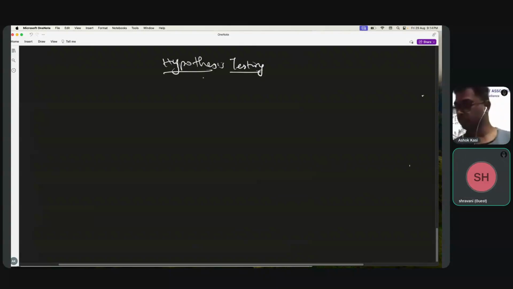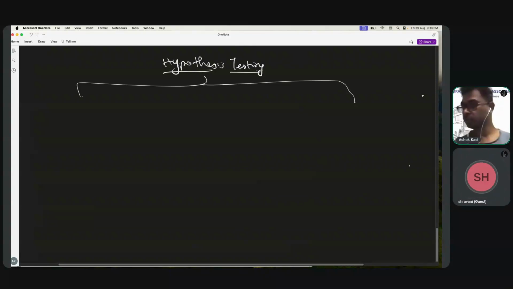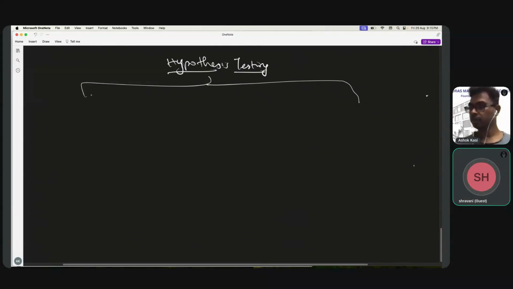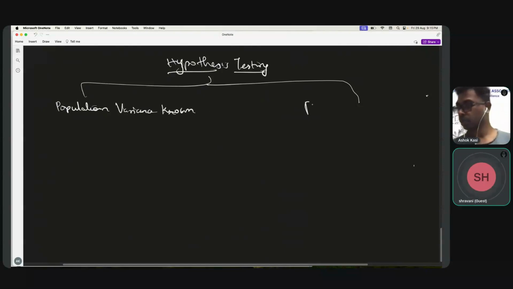Now this can be categorized into two parts. One is population variance known, and population variance unknown.